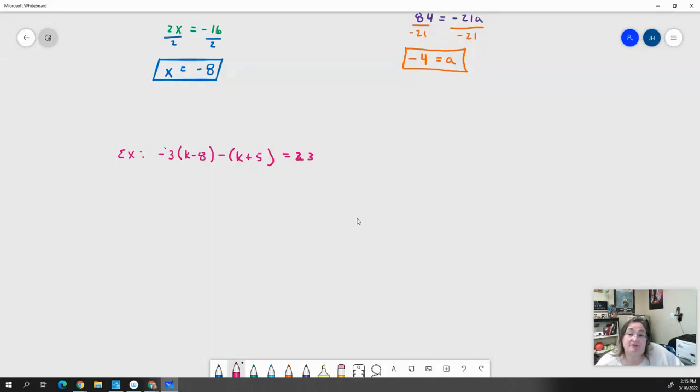We've got negative 3 times k, which is negative 3k. Then we're going to go negative 3 times negative 8. Well, that's plus 24.